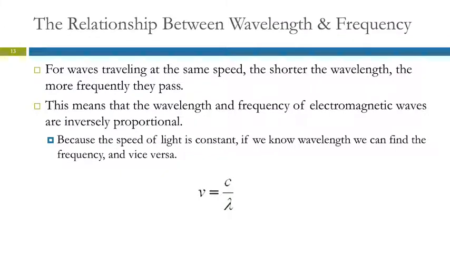So all of these forms of light travel at the same speed. So if they're all traveling at the same speed, a shorter wavelength means a higher frequency. So the wavelength and the frequency are inversely proportional. And they are related by this equation. The frequency equals the speed of light divided by the wavelength.